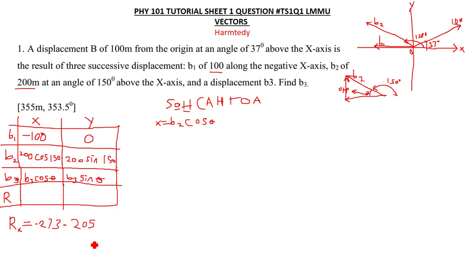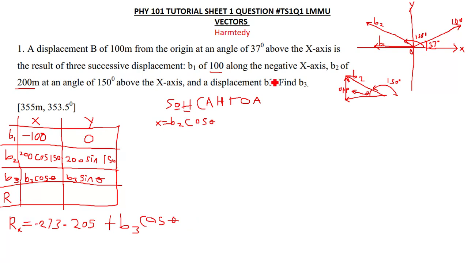So this is what you are going to get. Then apart from that, you add it with that, so you say plus B3 cos theta. And then this is our x component of the resultant.